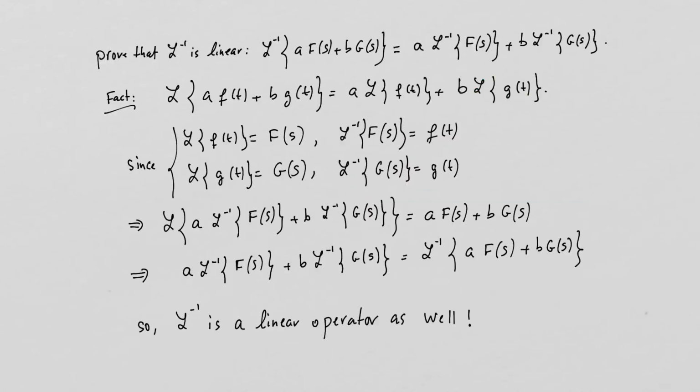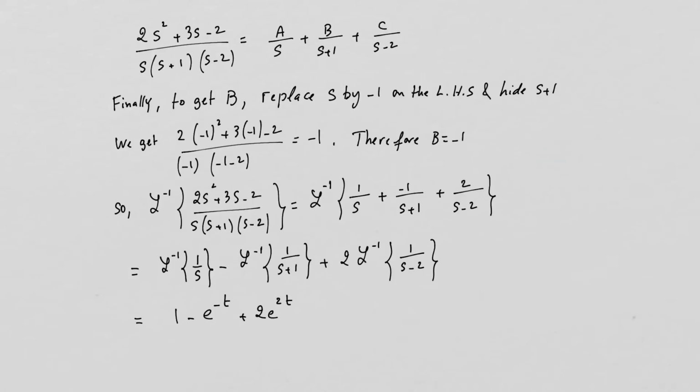And because we just proved that inverse is linear, feel free now to distribute L inverse, so to speak. We shouldn't say distribute. These are not numbers, okay? The constants can come out. The 2 can come out. I got that.